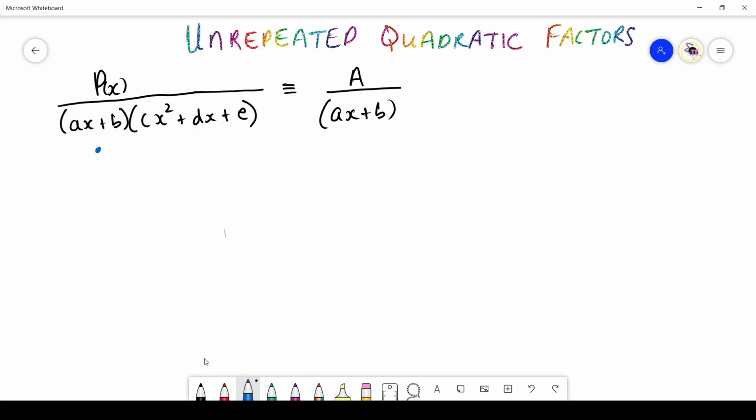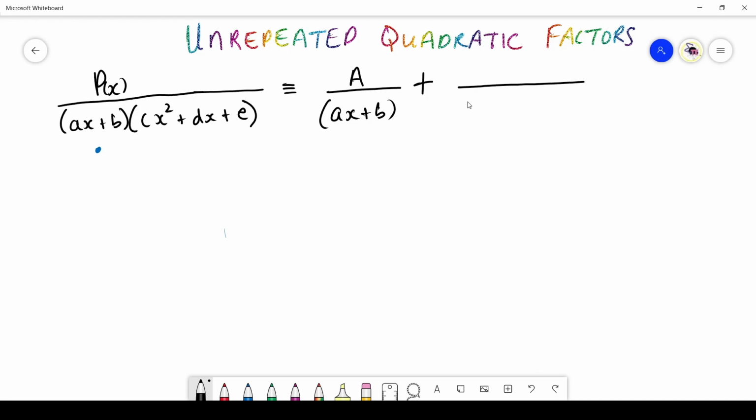And I know you may be asking yourself, whoa, this is going to be a very terrible split. Actually, it's even easier than the repeated factors split. This is how to split a factor when it's not repeated but happens to be quadratic.